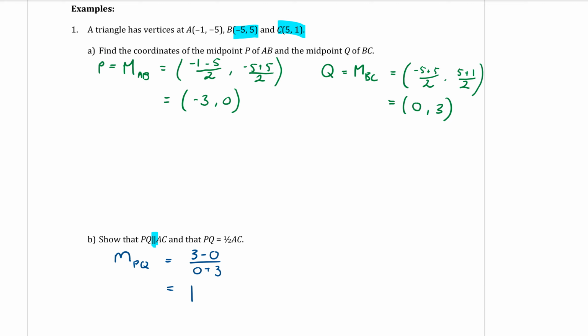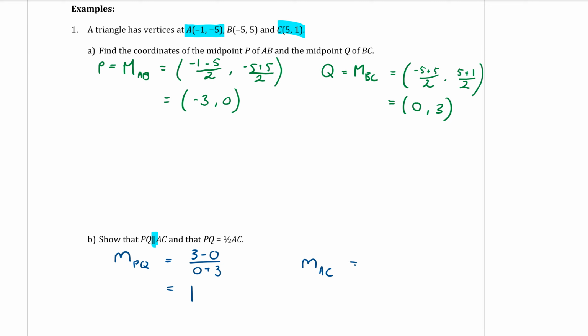Now let's do the gradient, so m again, of A and C. So that's using the points right up at the top of the page. I'll highlight them for you. So we do subtract the y values.